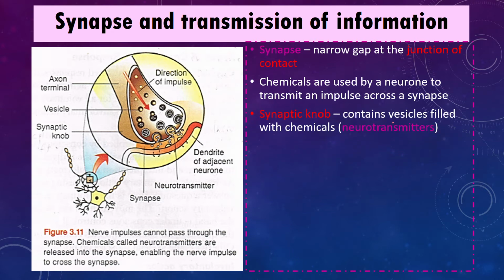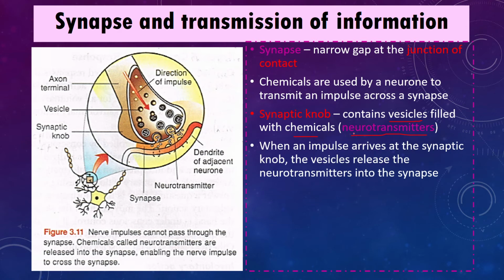Synaptic knob contains vesicles. Okay, what are these vesicles for? It is the place where the neurotransmitters are located. So vesicles are filled with chemicals. So when the impulse arrives at this synaptic knob, the vesicles release neurotransmitters into the synapse.